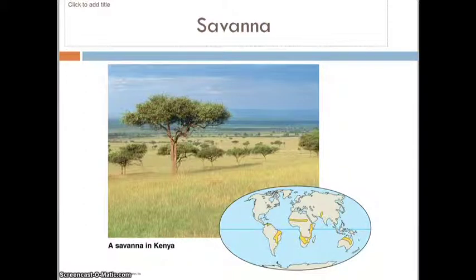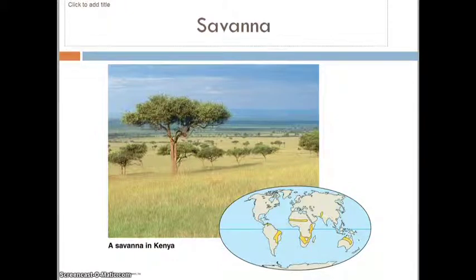Okay, so you have trees like this, you have small grassland, because the average rainfall around here is about 30 to 50 centimeters per year. And then there is a dry season, which can last up to 8 to 9 months. Okay, the temperature around here is around 24 to 29 Celsius. Okay, so this is savanna.